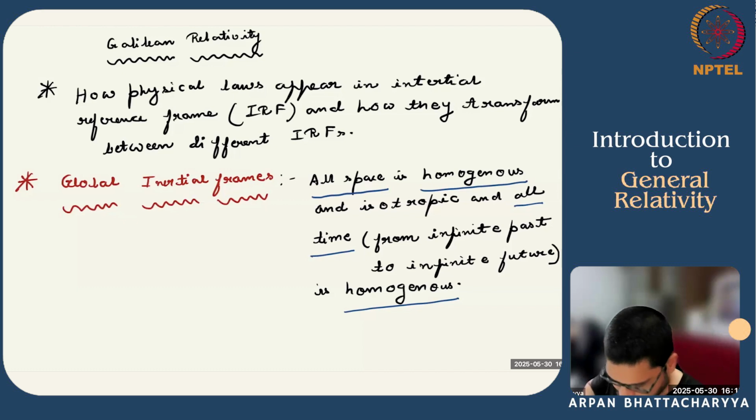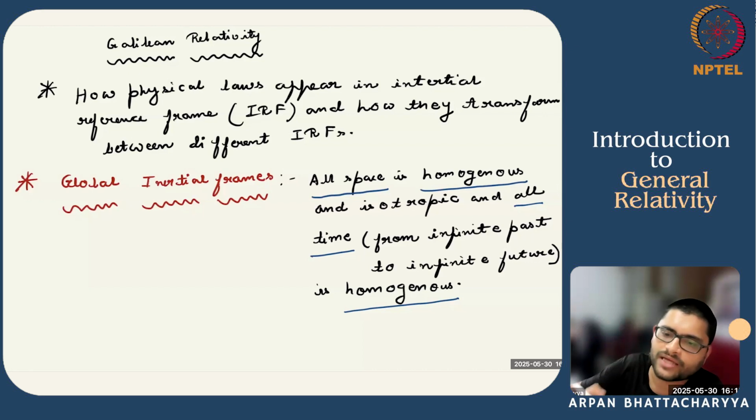So Galilean relativity gives this notion of the so-called global inertial reference frame, where all space is homogeneous and isotropic, and all time, which runs from the infinite past to the infinite future, is also homogeneous. So what do we mean by space being homogeneous and isotropic?